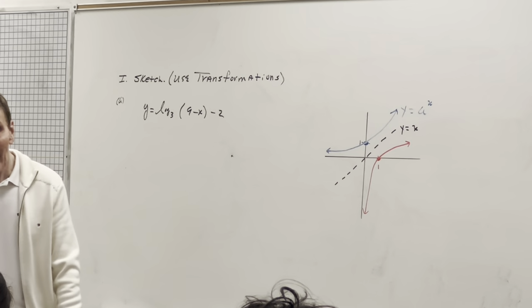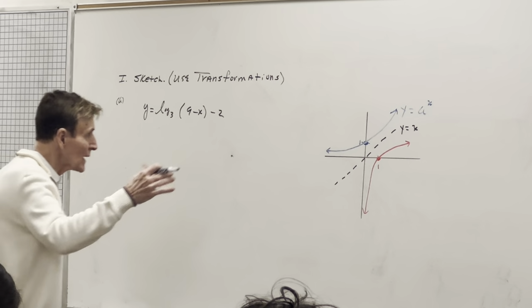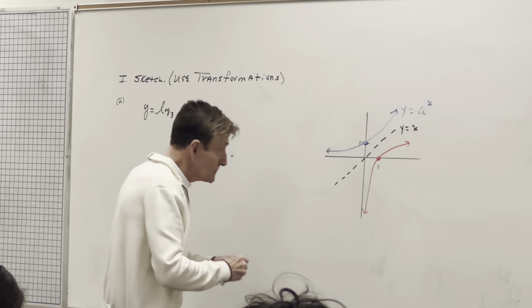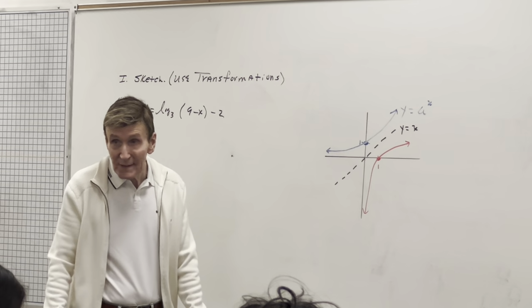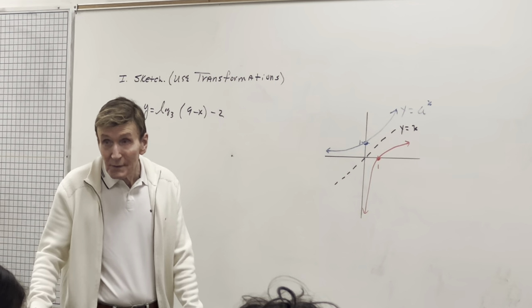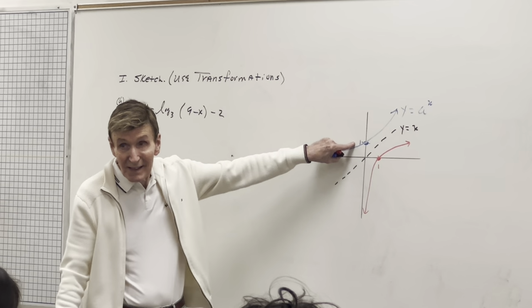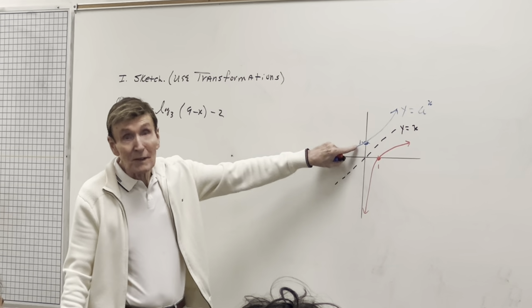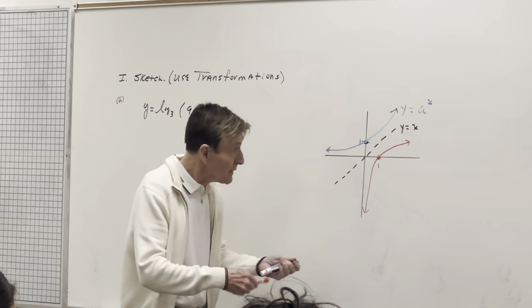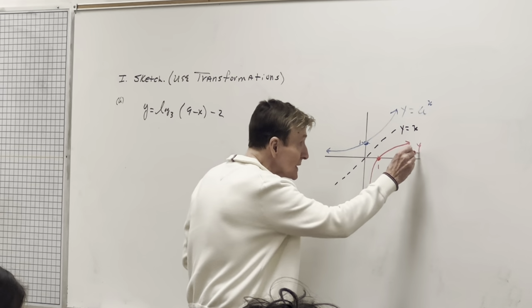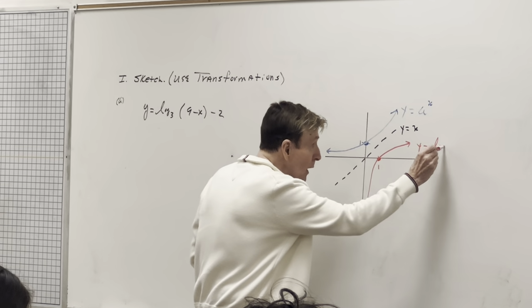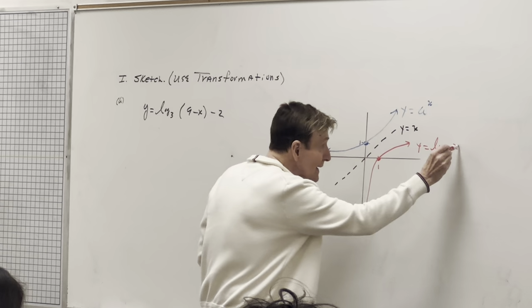Who recalls what on earth I was discussing for the red graph? Was it log base 2 of x? Yes, log base 2 of x. It's a log graph. So the exponential looks like this. The log looks like the red one. Right, like this, guys. This represents y is equal to, let's say, log base a of x.